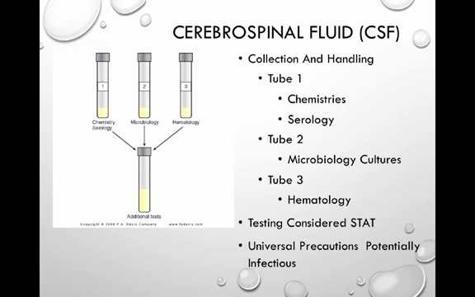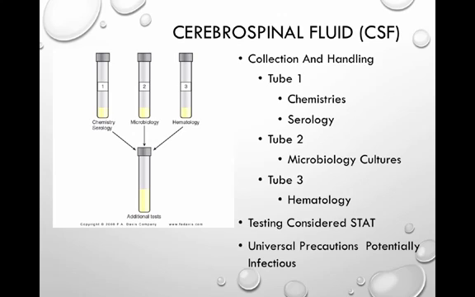So when we collect cerebrospinal fluid, it's removed and collected into a series of tubes, and the tube number is extremely important. Tubes are numbered to indicate how the fluid was removed, and the first fluid that is removed will go into tube 1, the next amount of fluid in 2, and so forth.